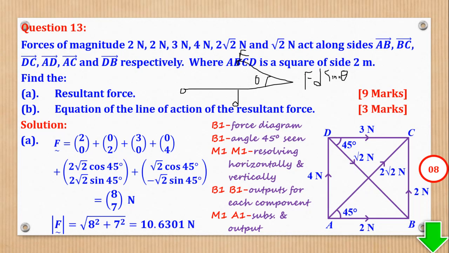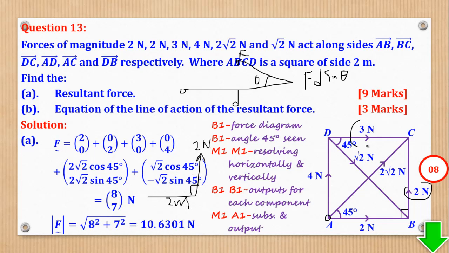So they will just say F times D, where D is the perpendicular distance. Now this square is of side 2 meters each. So when you look at this force, the pivot is here, so the angle is 90. So we have something like this, where this is 90. So the moment will be 2 newtons times the 2 meters. That's why you saw 2 times 2.